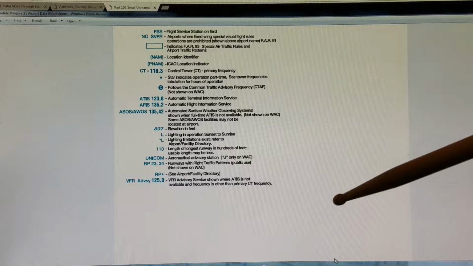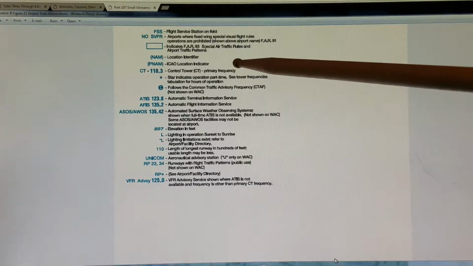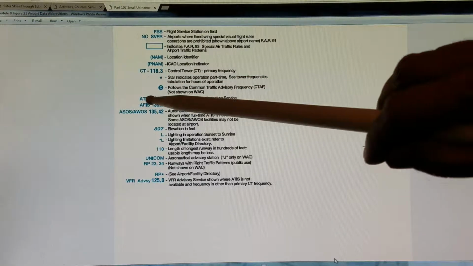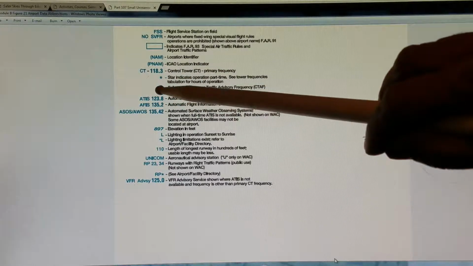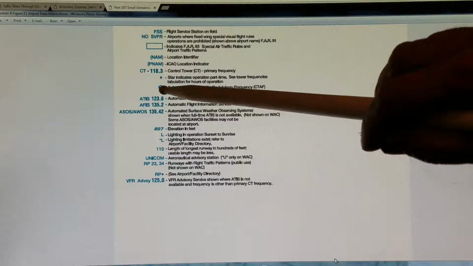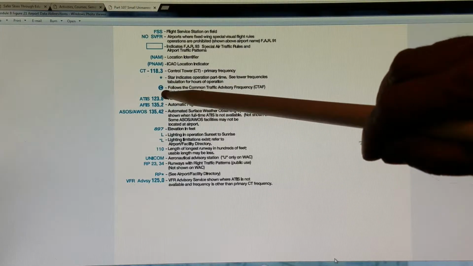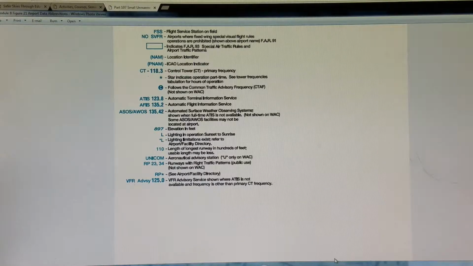In fact, out of the test questions, we have been continuously seeing these with the dark background C, that is the Common Traffic Advisory Frequency, CTAF.